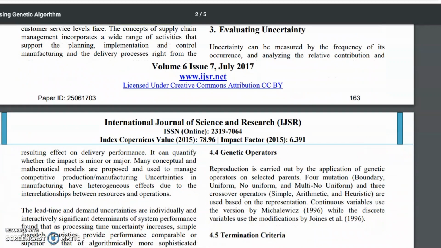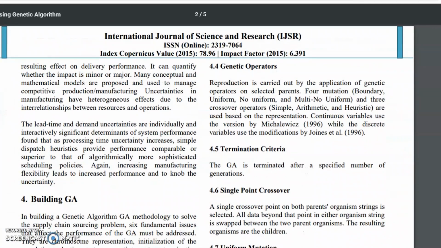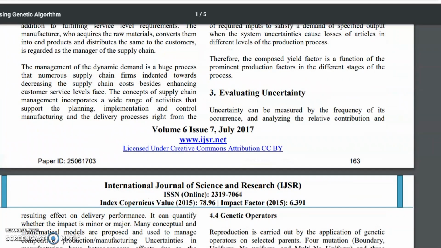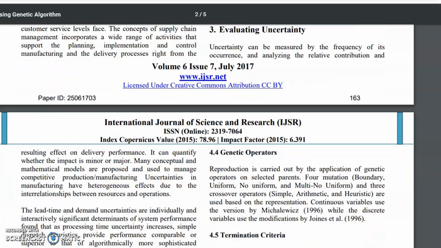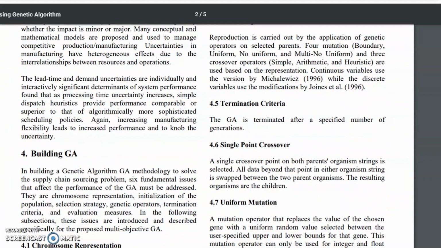Now coming to evaluating the uncertainties, what are the different types of uncertainties we can see? Uncertainty can be measured by the frequency of its occurrence and by analyzing the contribution and resulting effect on the delivery performance. So what we are doing is that we are building a genetic algorithm.